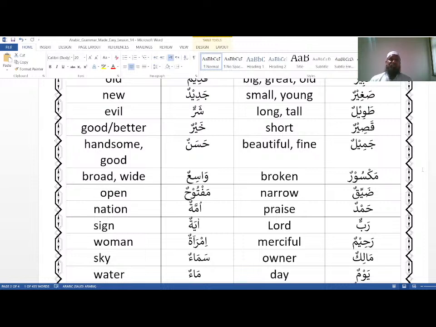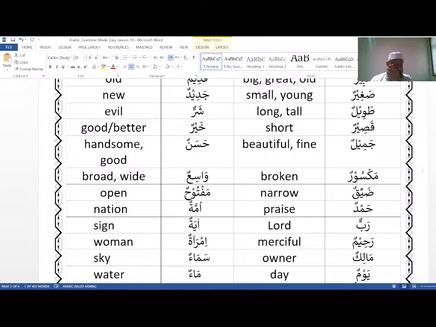In Surah Al-Muzammil, Allah talks about as-sama'u munfatirun bihi. So the word munfatirun is mudhakkar.